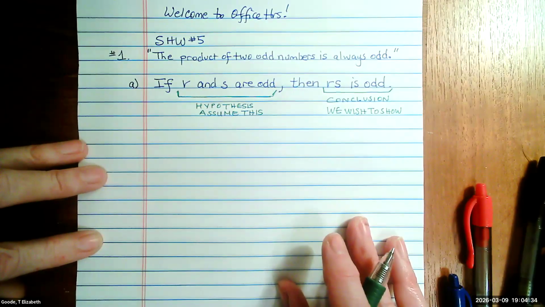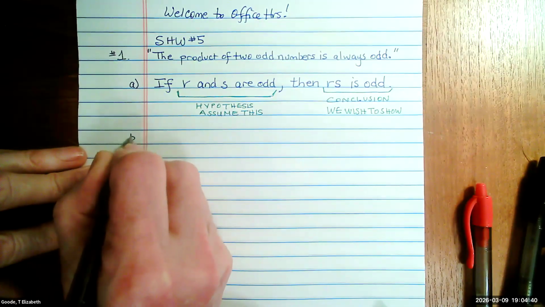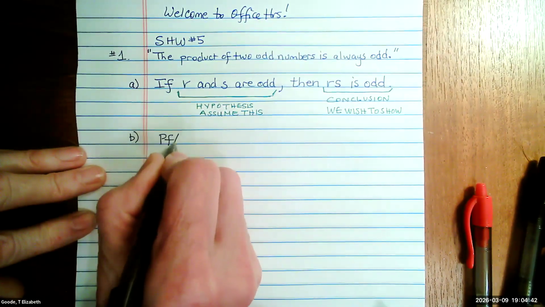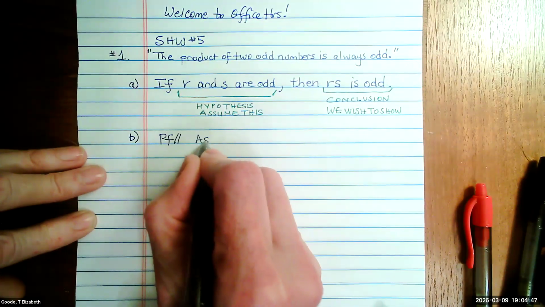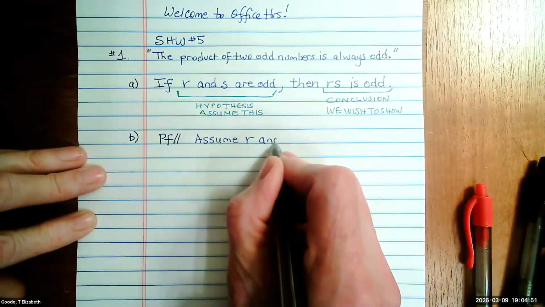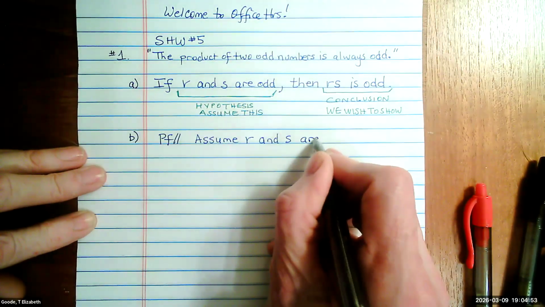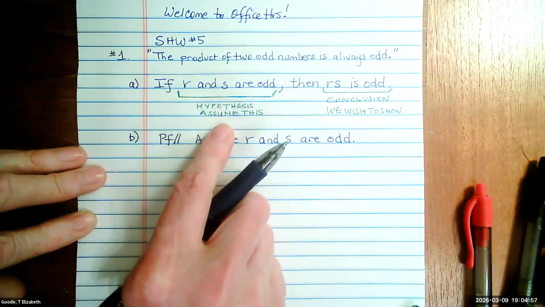Does that help? Yeah. Great. But is that going to be for the proofs, right? Yeah, in the proof, you will assume R and S are odd, right? We assume the hypothesis.